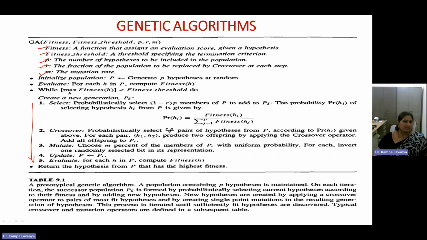For example, if I consider P as 100 hypotheses, how large a fraction of hypotheses will be taken into the next successor Ps depends upon the probabilistic function. The probabilistic function is evaluated based on the fitness of the current hypothesis over the fitness of the rest of the hypotheses.